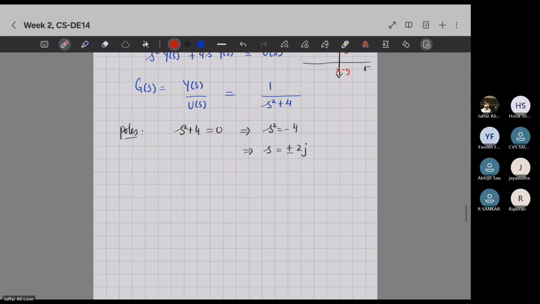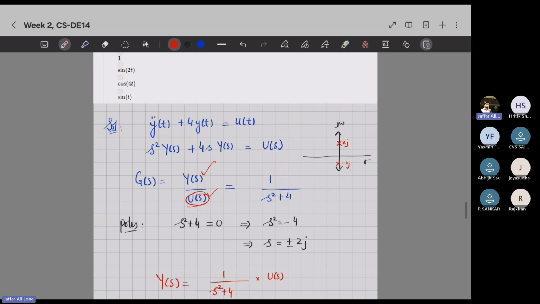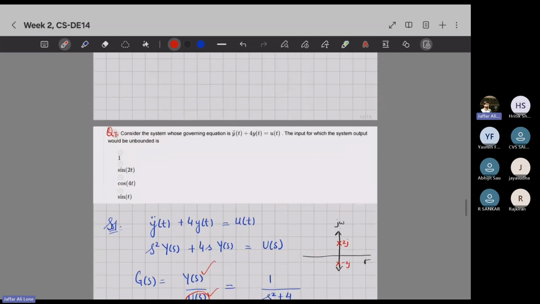Now see, this is the output and this is the input. So you need to give the values of this input. It means Y(s) is equal to 1 divided by s squared plus 4 into U(s). So when my system is not BIBO stable, my system output will be unbounded, right?